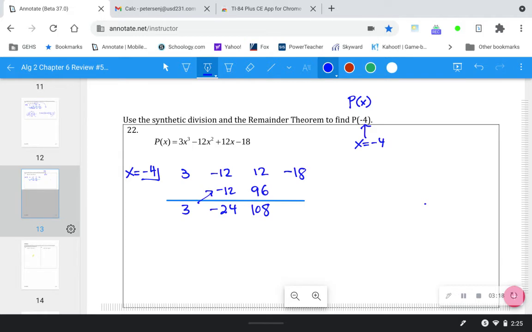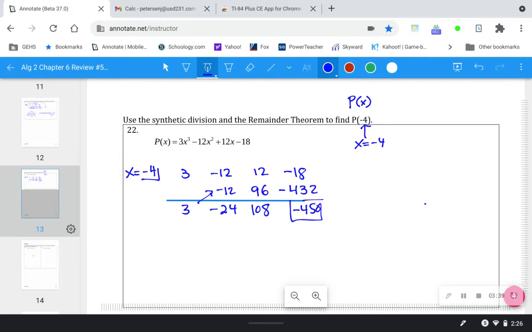So let me make sure I'm doing this right here on the calculator. 108 times negative 4. Negative 432. So we're going to add again. And when you add those last two numbers, you get negative 450.